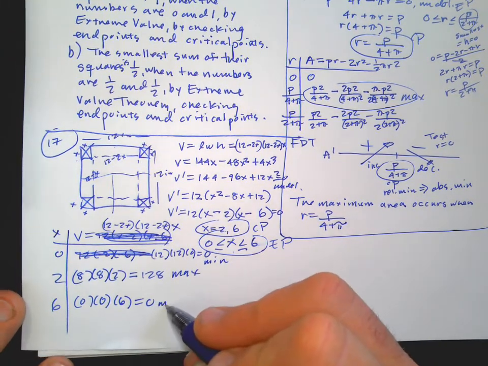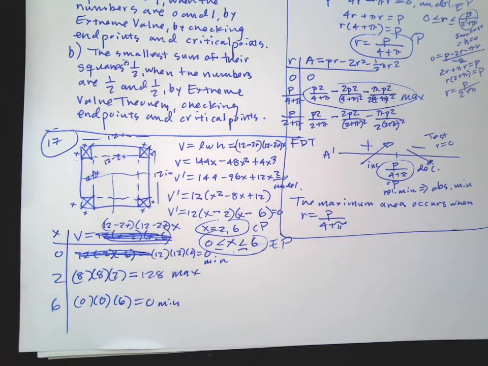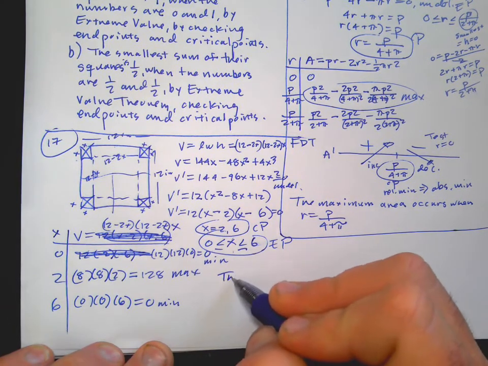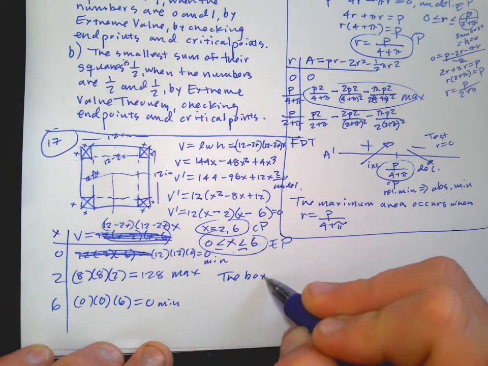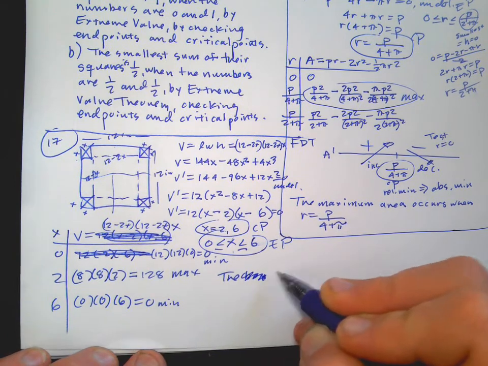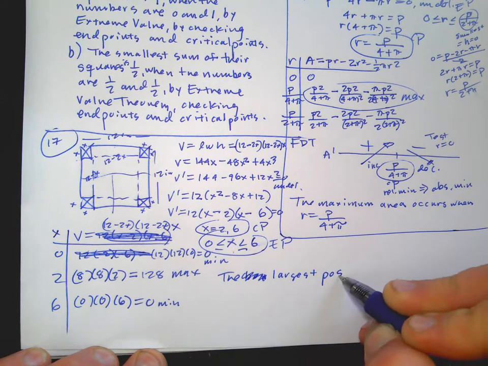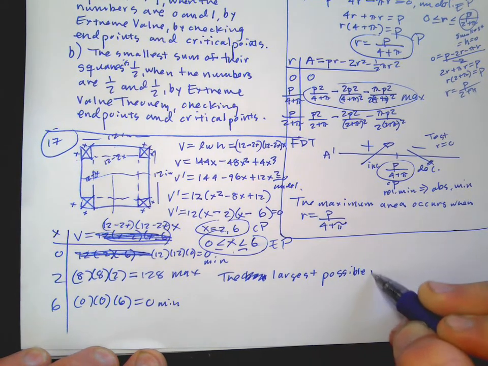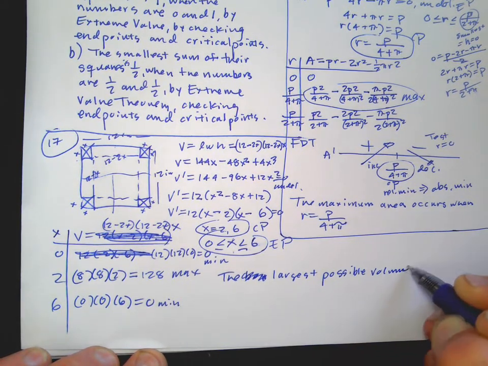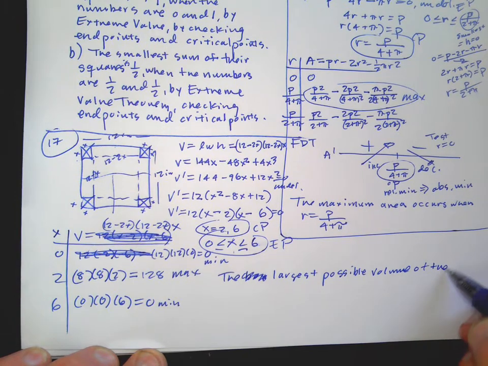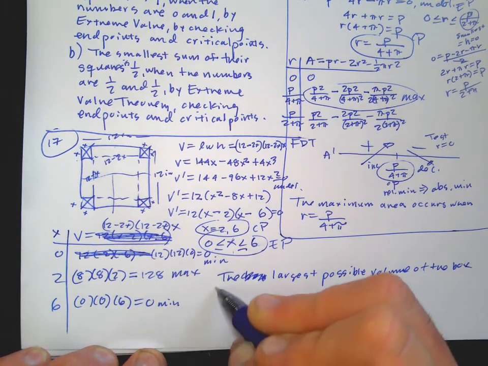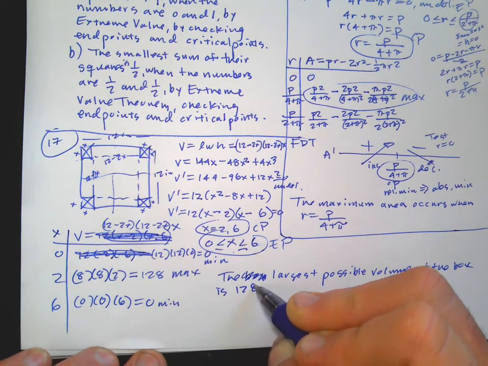I think we're looking for the max. So we're trying to find what size squares should be cut to obtain a box with the largest possible volume. So I'm going to say the largest possible volume of the box is 128. What are the units on this?